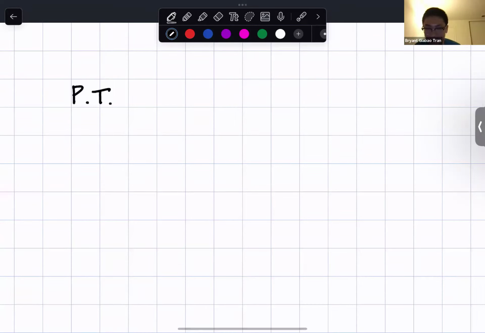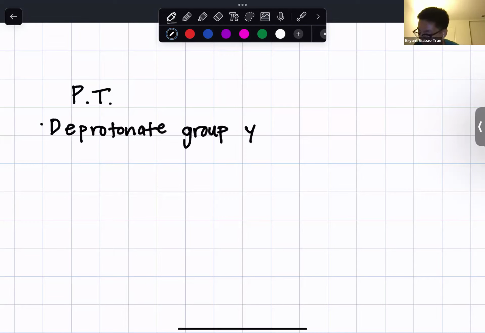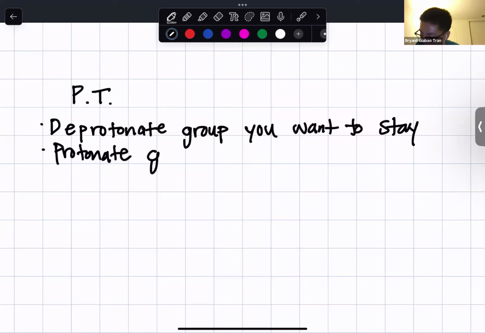Right. He skips those steps, because he expects you to know it from the first time. But the common pattern you follow for these proton transfer steps is that you deprotonate the group that you want to stay, and then you protonate the group you want to leave.